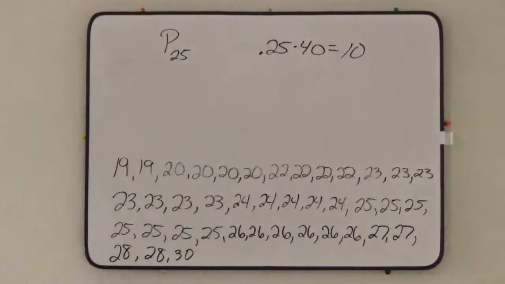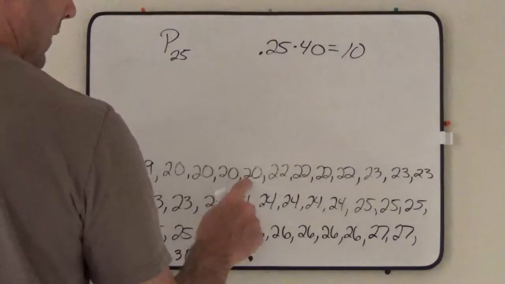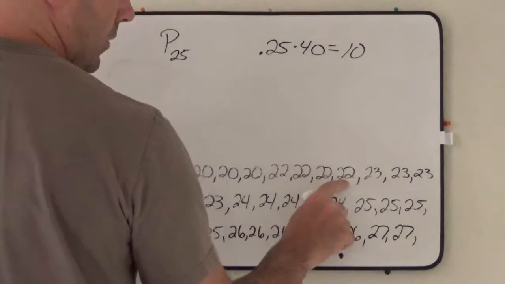Now, here's one thing I didn't mention to you that you should know. If you ever get an exact whole number, like 10, then the answer is going to lie somewhere between the 10th and 11th term. So basically, we're going to count up to the 10th term. 1, 2, 3, 4, 5, 6, 7, 8, 9, 10. That's 22.